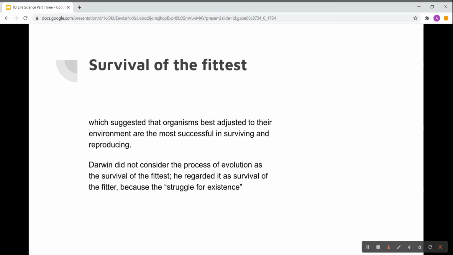He regarded it as survival of the fitter because of the struggle for existence. So they had to adapt to survive. But the fittest, the ones with the best traits, survived the most and actually reproduced. I think that's it. Okay, cool.